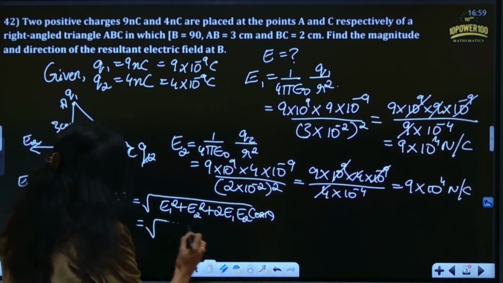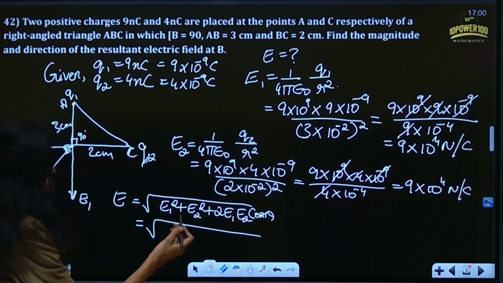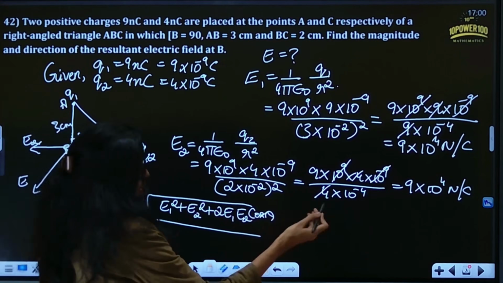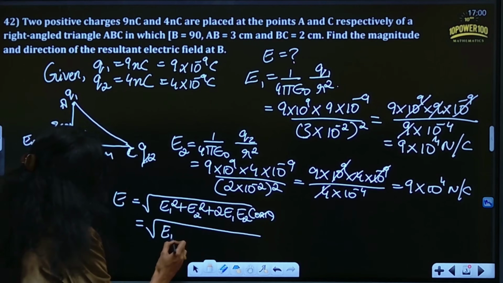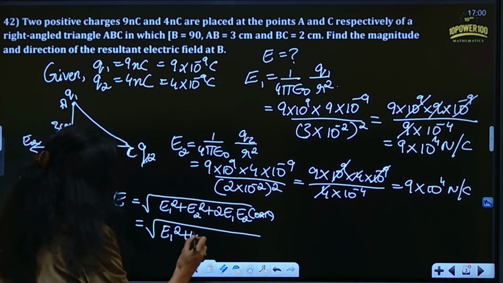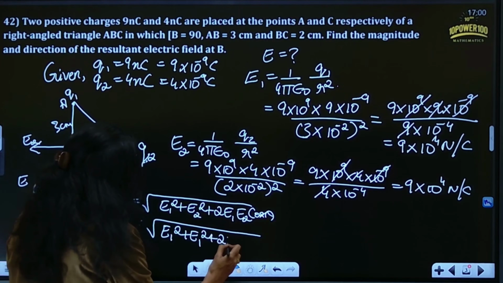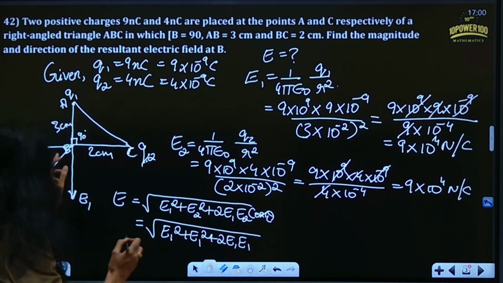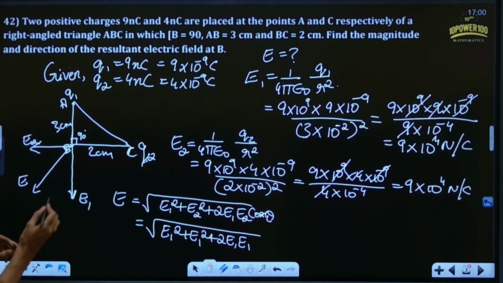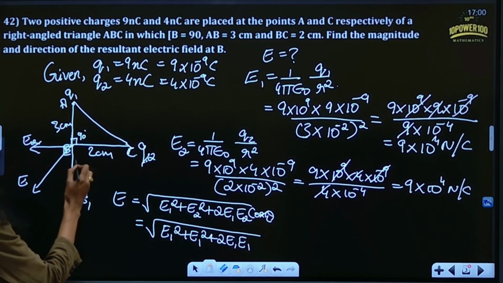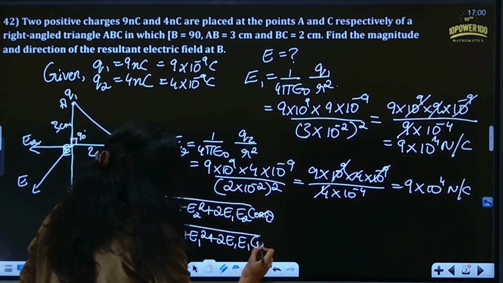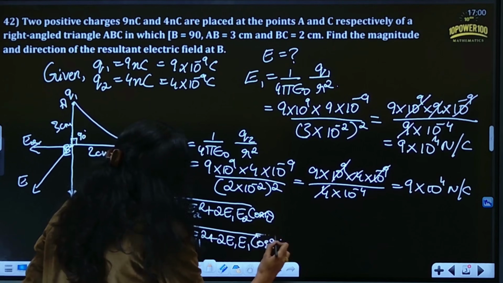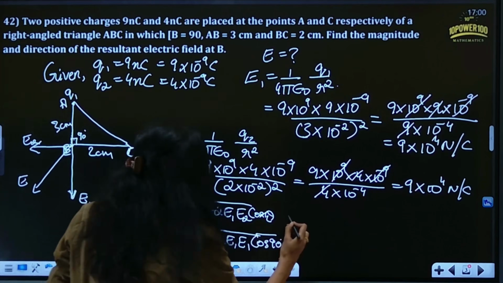Here E1 and E2 are the same, so E equals root of E1 square plus E1 square plus 2 E1 into E1 cos theta. Guys, what is the value of theta between E1 and E2? You can easily see here it is just 90 degree, so directly you can write cos 90. Now what's the value?